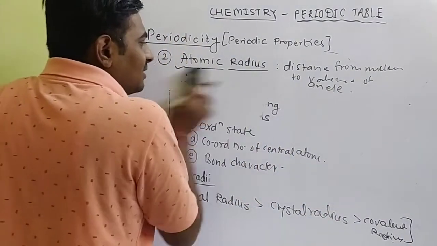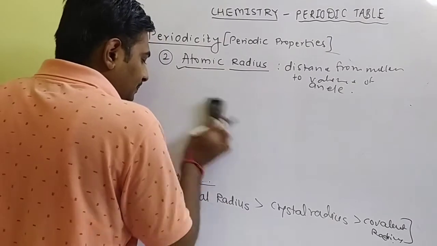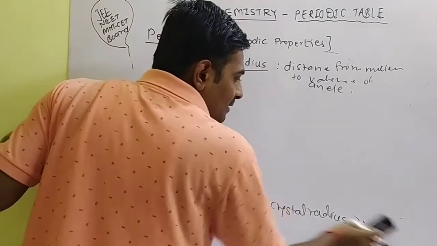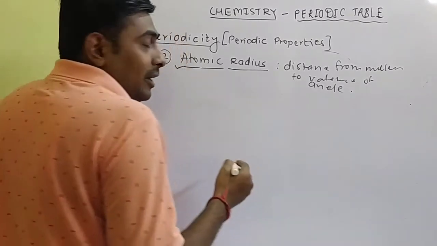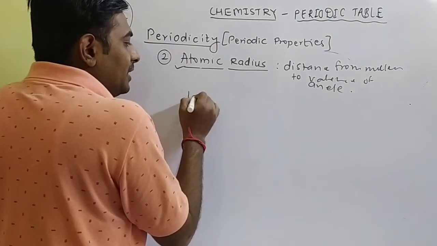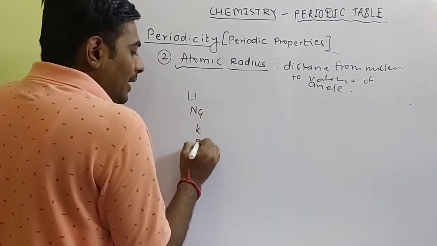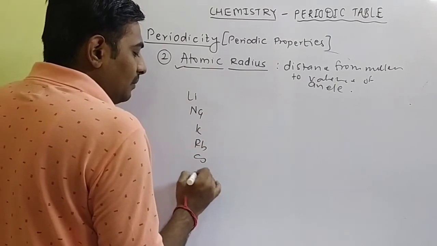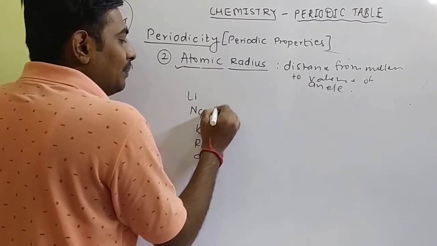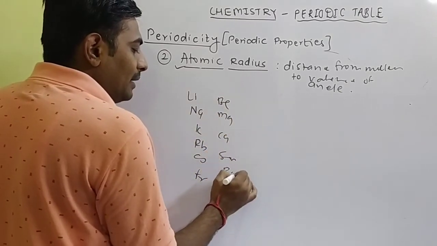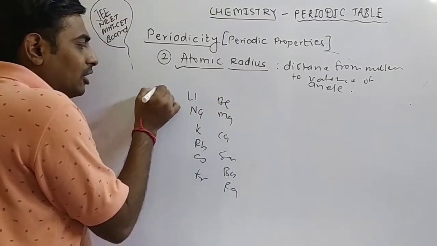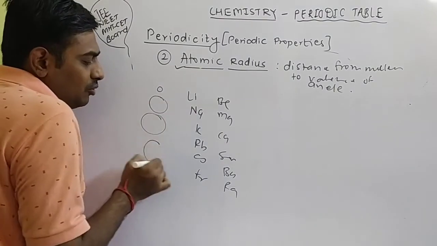Generally, what is the trend in the periodic table for atomic radius? If you observe any group, like the first group lithium, sodium, potassium, rubidium, cesium and francium, then the second group beryllium, magnesium, calcium, strontium, barium and radium, a new shell is added.